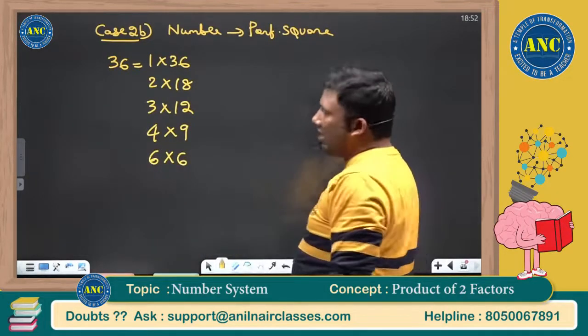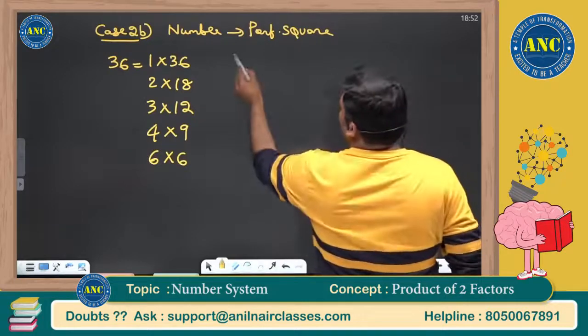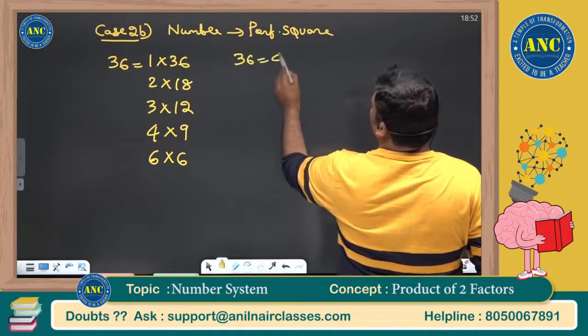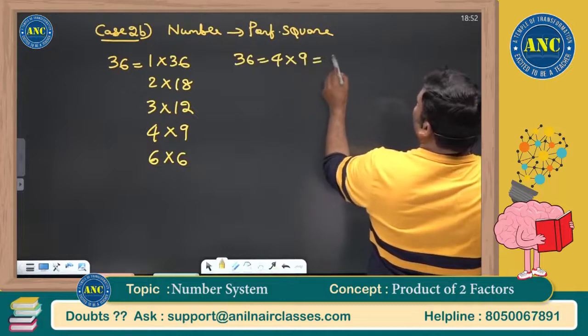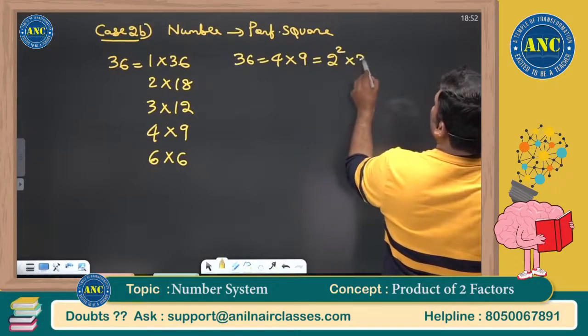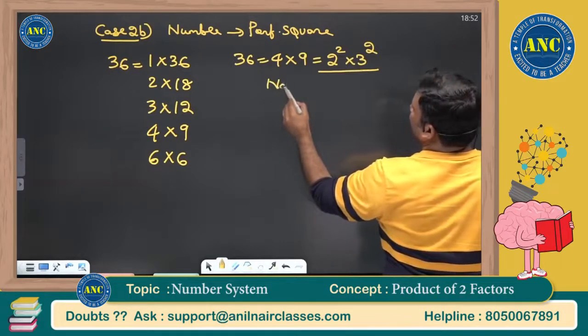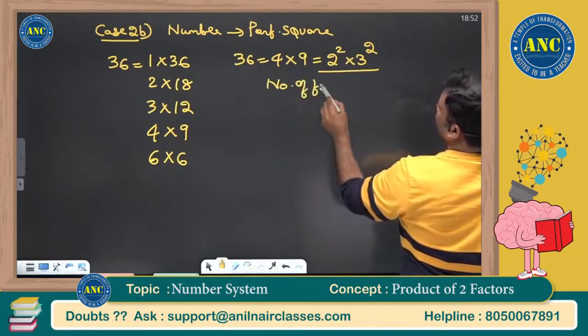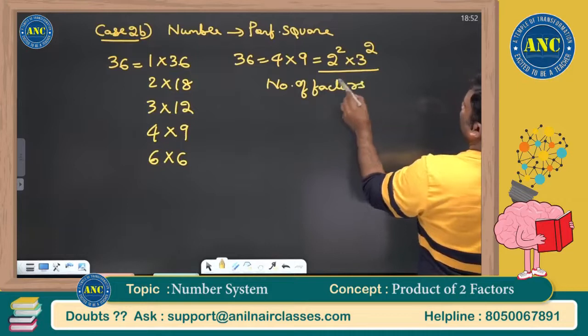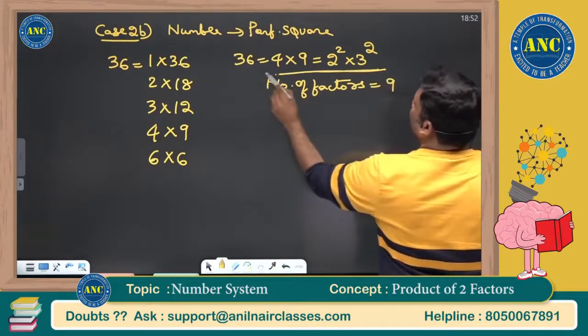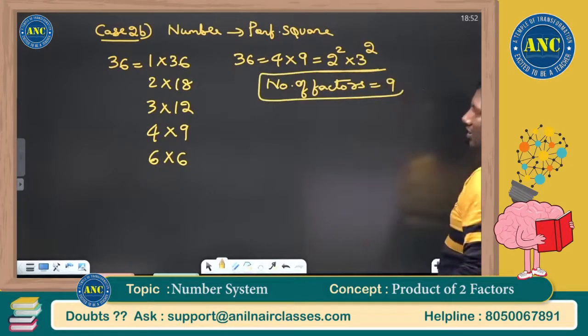Reverse cannot be written. 36 is nothing but 4 into 9, which is 2 square into 3 square. So totally, how many factors did we get? The number of factors is 3 into 3, 9 factors.